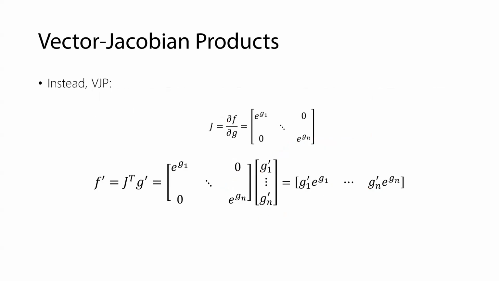So instead, at each node, instead of computing the entire Jacobian, we compute the Jacobian vector product or vector Jacobian product, where for a given arbitrary function g, we compute the computational graph for the VJP, which is the result of multiplying this to this, and then store only this part.